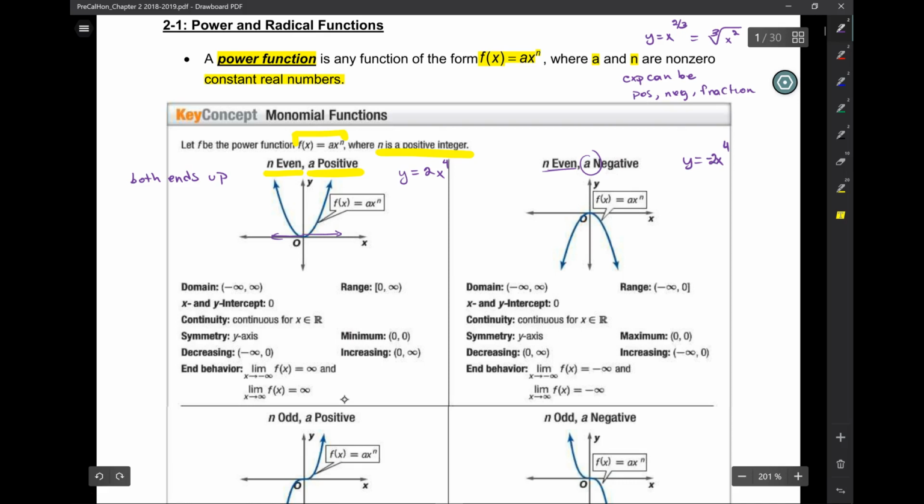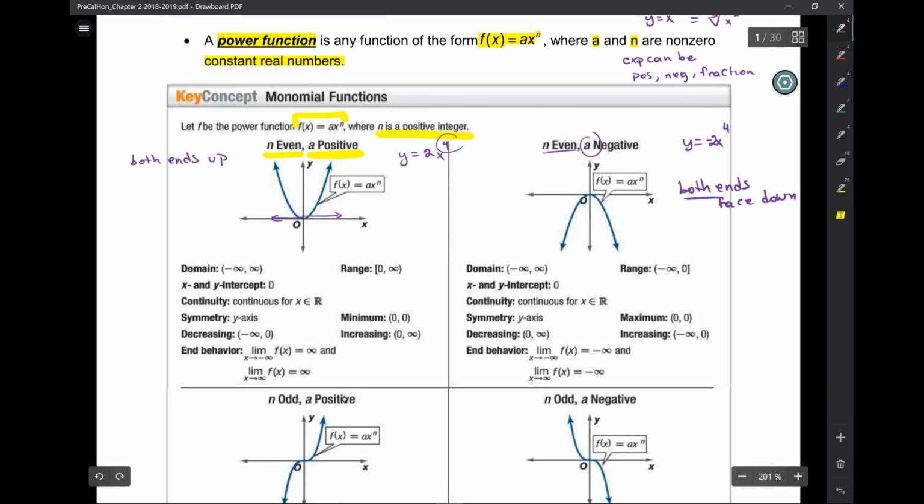In that case, both ends will face down. Is that right? Okay, so that's our first case. When you have a power function with an even exponent, depending on the coefficient, you can figure out if they go up or down. But the point is, both ends will either go up or down.